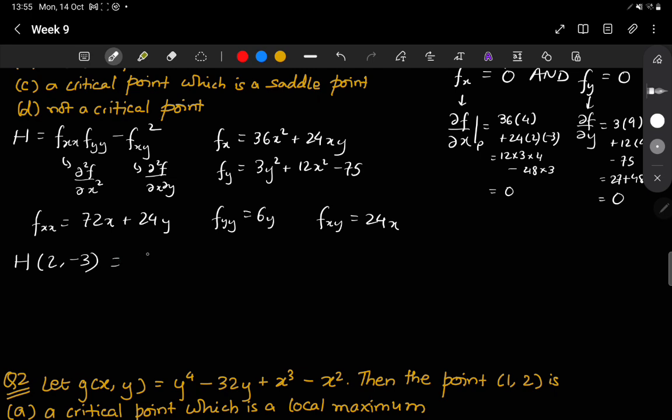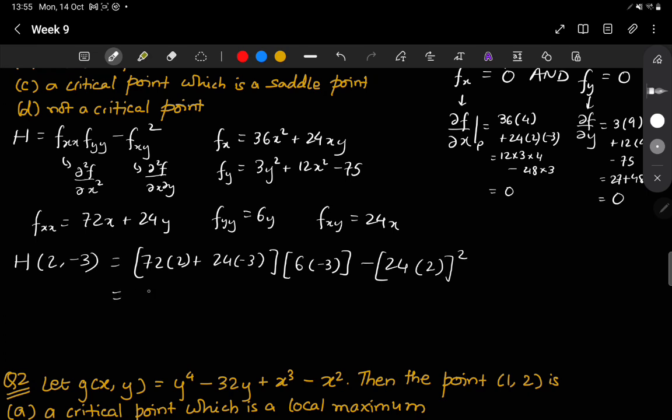So fxx is this: 72 times 2 plus 24 times minus 3, that is fxx. Then fyy, that is 6 times negative 3 minus 24 times x, which is 2, whole squared. So I need to pull out my calculator once again.